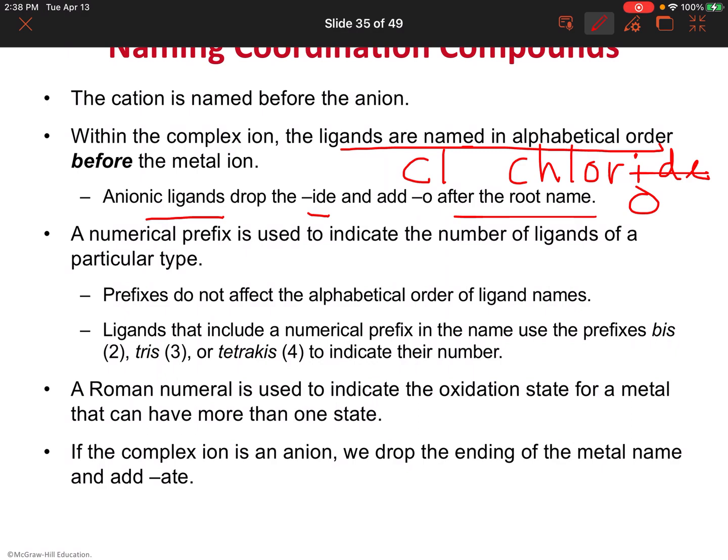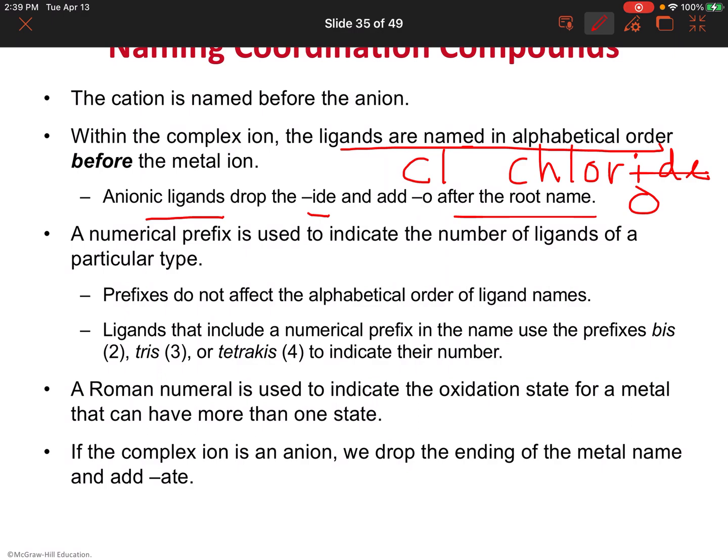Ligands that include a numerical prefix in the name use prefixes such as bis. Bis is for 2, tris is for 3, and tetrakis to indicate their number.